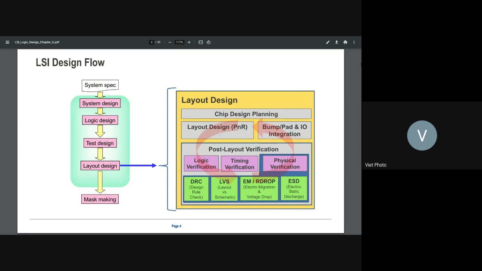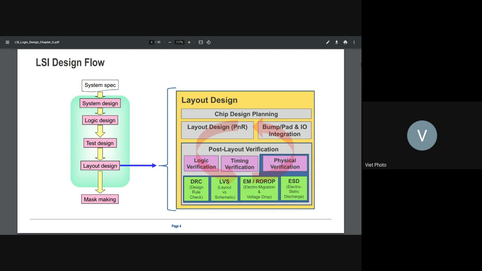Let me remind you that anytime we change the netlist during the layout design, which is place and route, the tool will insert buffers or do sizing so that it will fix the setup and hold timing. So anything like that happens, then we need to do the logic verification, because we never know if those things screw up our design.